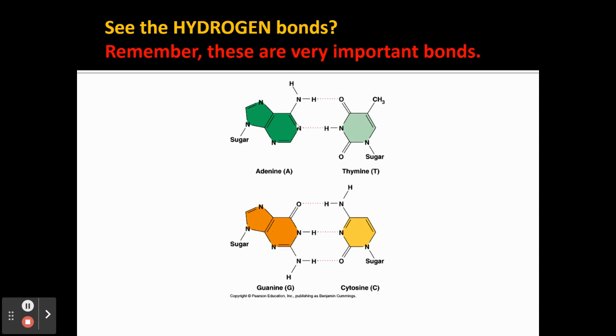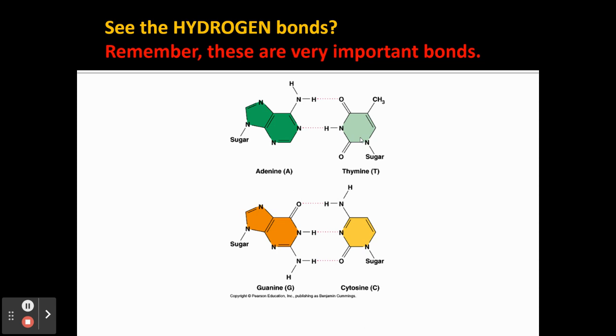What else do you know? A purine, adenine or guanine, always pairs with a pyrimidine, which is cytosine and thymine in DNA, or cytosine and uracil in RNA. Okay, and what does that do?